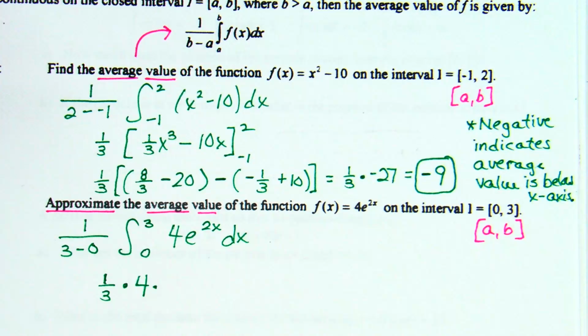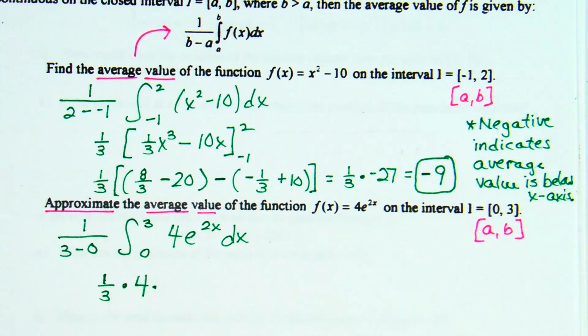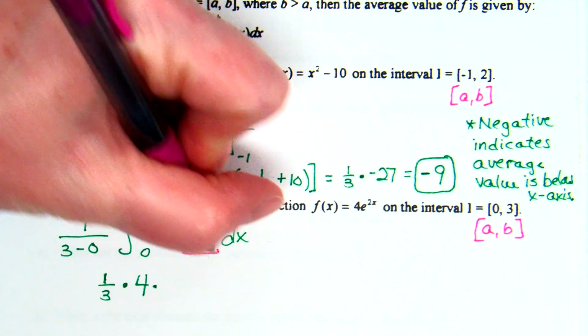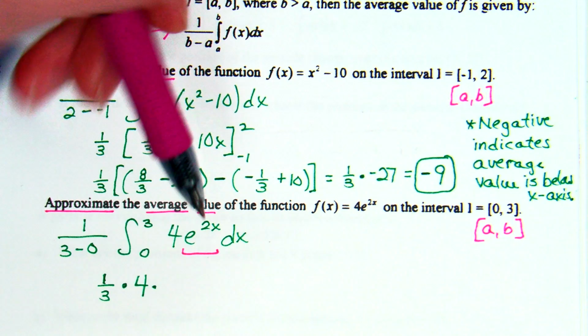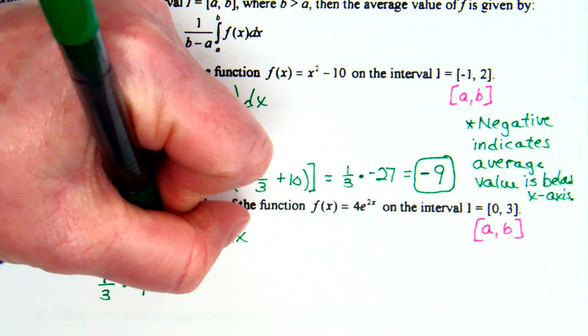The part I need you to think about is, what is the integral of e to the 2x? 1/2 e to the 2x, because the integral of e to some power is e to some power. Now, if we're integrating, we have to compensate for the chain rule, because normally the chain rule would say times the derivative of 2x, which is 2. So we're going to say 1/2 e to the 2x.